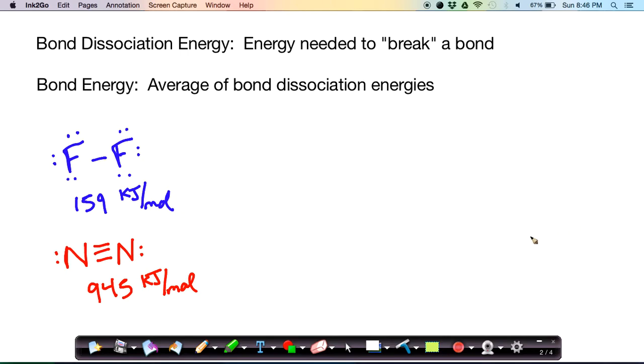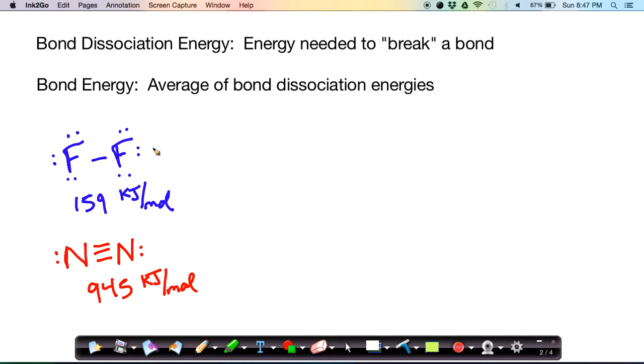So if we look at this fluorine-fluorine bond in the diatomic fluorine molecule and we want to "break" that bond, and I say break, I've got it here in quotes, we're not really breaking anything per se, but we are getting rid of that electrostatic interaction between the atoms that holds them together at a point of minimum potential energy. So we're separating those atoms from each other to the point where they are no longer chemically connected to one another.